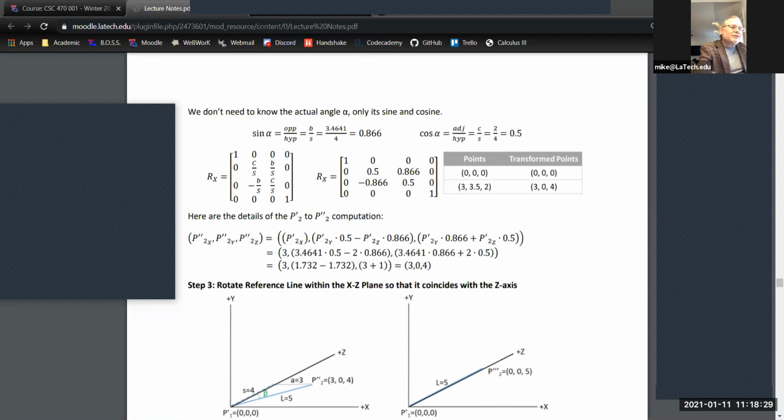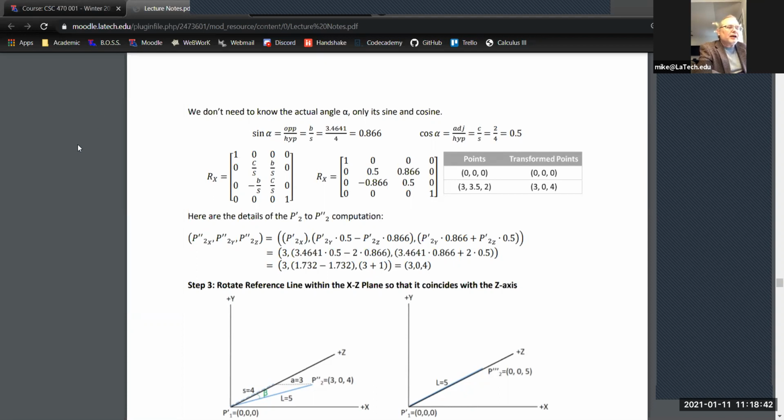So now that we have the sine and the cosine, we can plug those into our x-axis rotation matrix, and that gives us the numbers that we need to be able to rotate that line segment into the XZ plane.